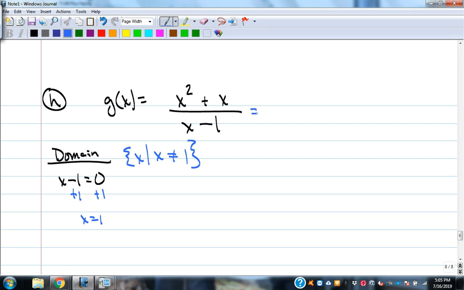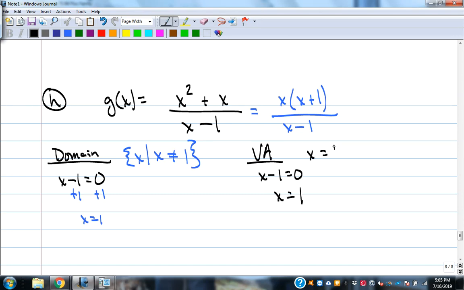When I go to work this problem, though, I need to look and see if it will simplify. So the numerator will factor a little bit. I've got a common factor of an x there, but it leaves x plus 1, not x minus 1. So it doesn't cancel anything. If nothing cancels, we know that our vertical asymptote is just going to be taking that denominator equal to 0 and solving it again.